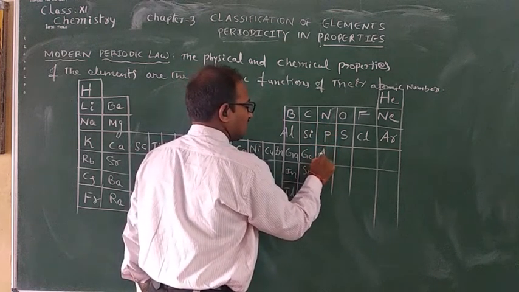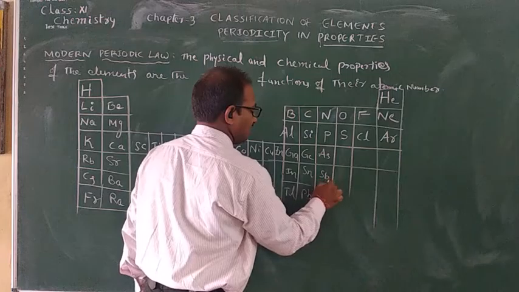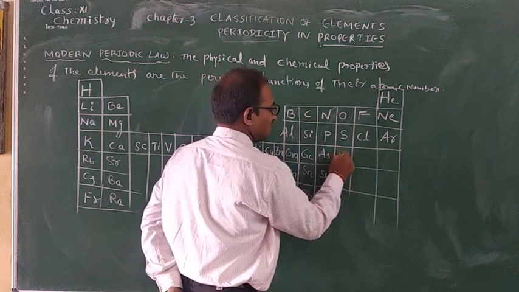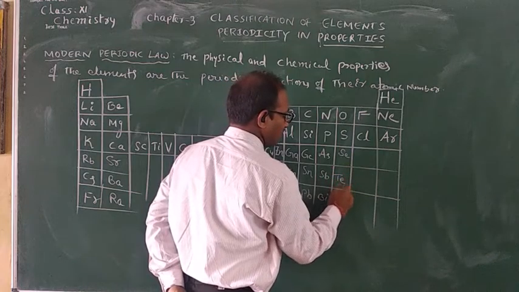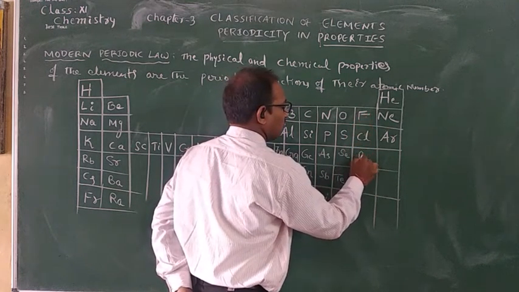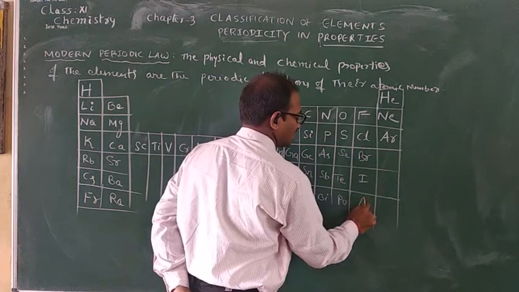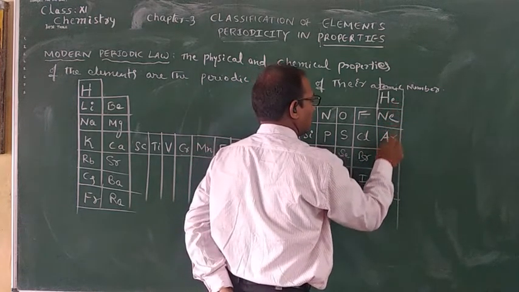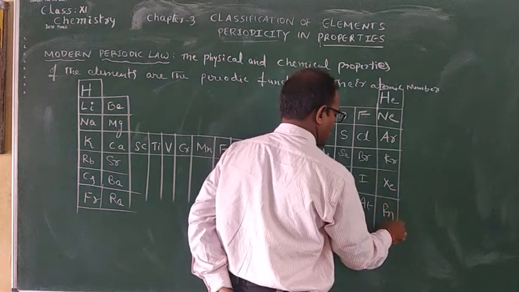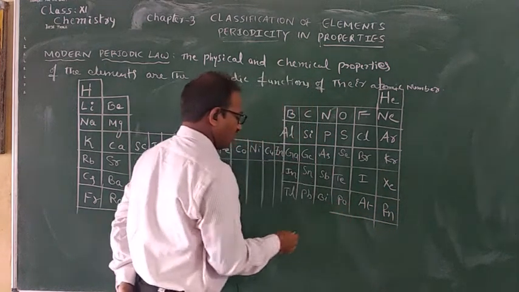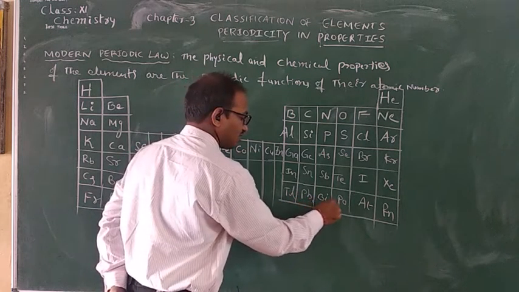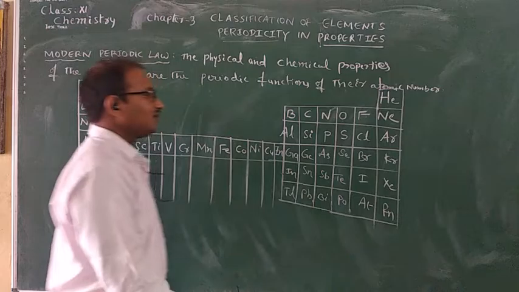Nitrogen, phosphorus, arsenic, antimony, bismuth. Oxygen, sulfur, selenium, tellurium, polonium. Fluorine, chlorine, bromine, iodine, astatine. Helium, neon, argon, krypton, xenon, radon. This way you can write the elements. This is the long form of the periodic table.